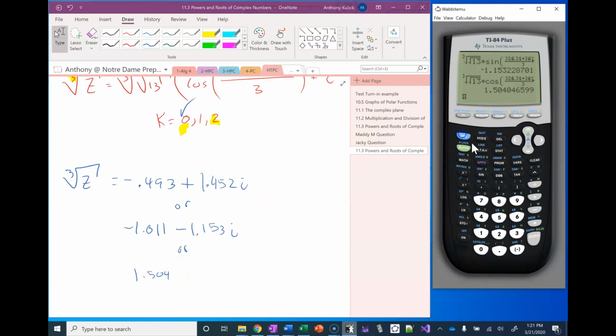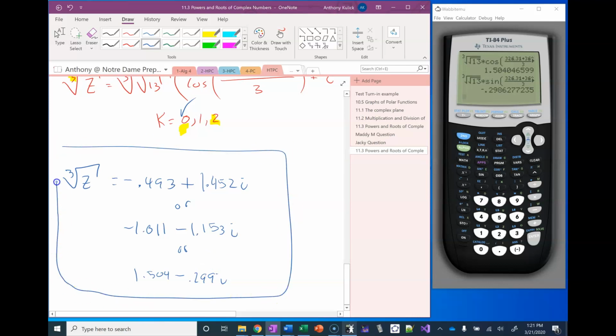And then I'll press second and enter, and go back and change that into a sine. Press enter. So I have minus 0.299i. So those are my 3 solutions.